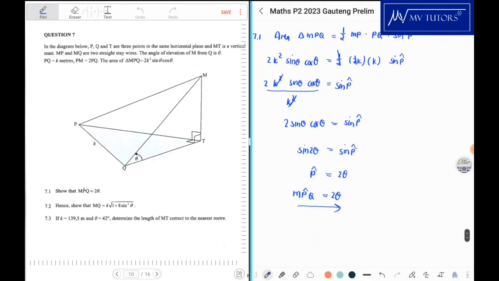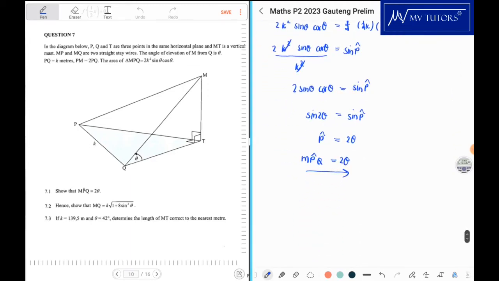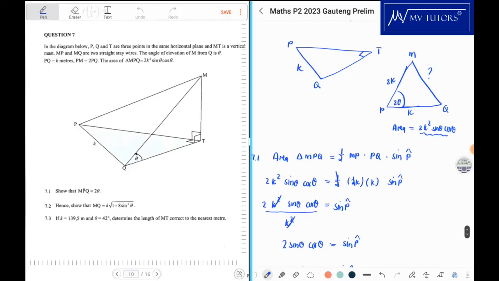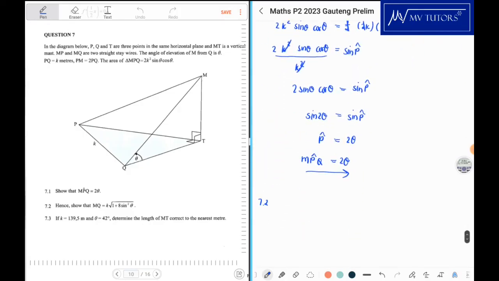All right, now we can go to 7.2. So it says, hence, show that MQ is equal to that. Now let's go back to that triangle. Now we can work out MQ. Now I can use the cosine rule.